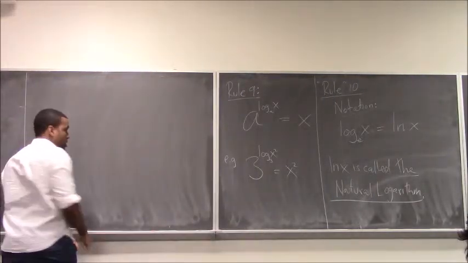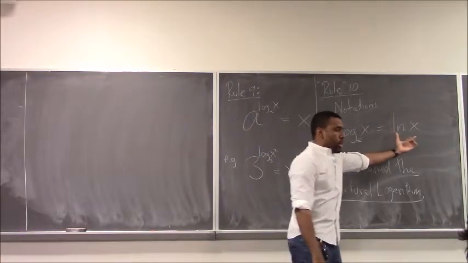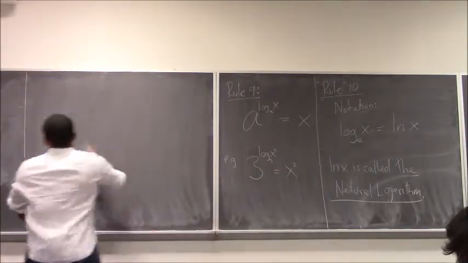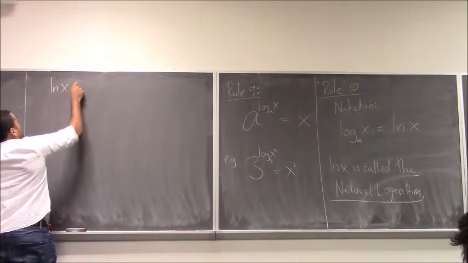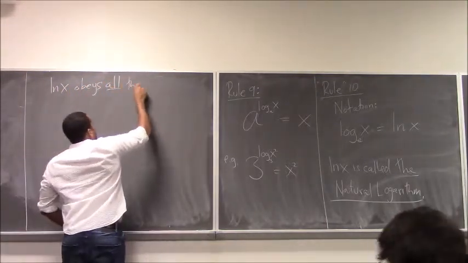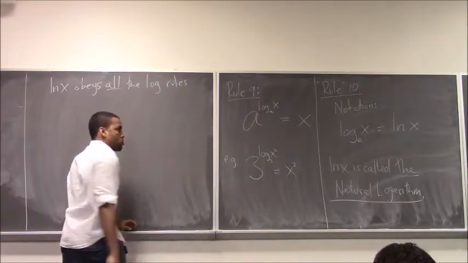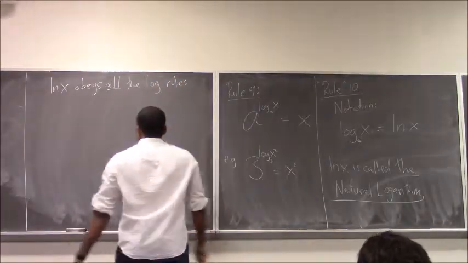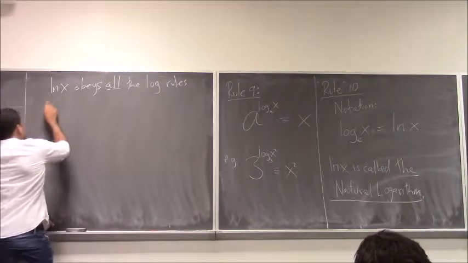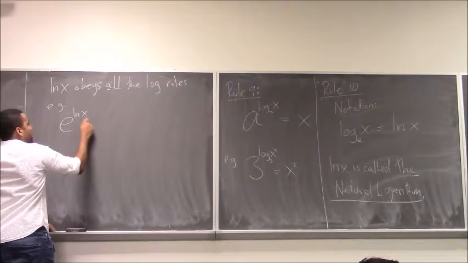I also want you to realize that even though it might look different from the logs that I've been writing before, it obeys all the same rules. I just want to emphasize that. It is a logarithm. We just write it differently. So it obeys all the log rules. For example, if I have e to the ln of something, it's just that thing.